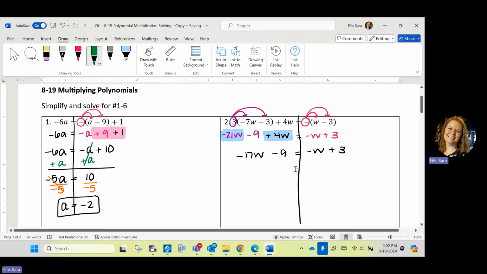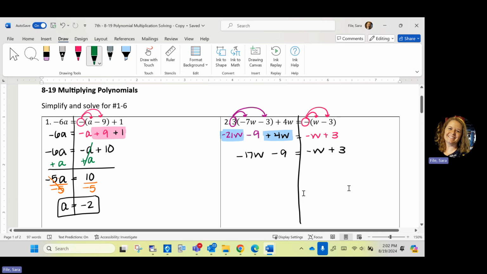I tend to pick which direction I'm moving what based on the signs. See how I know I have to move by opposite? So if I want to move the W's, I would have to add 17 over, which is going to leave me with a positive over here. I like to be left with a positive term rather than a negative. It just makes life easier because later I don't have to divide by a negative.